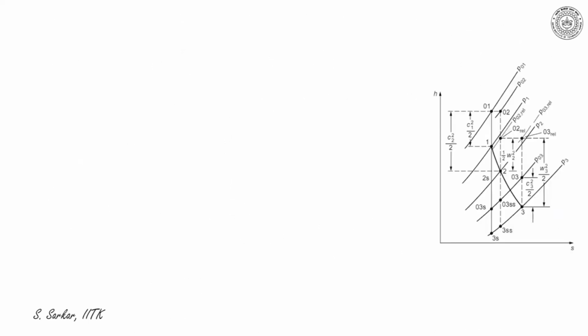Now the power output would be W is equal to m, mass flow rate, into blade speed, into C theta 2 plus C theta 3, following the velocity triangle. So I know all the values.